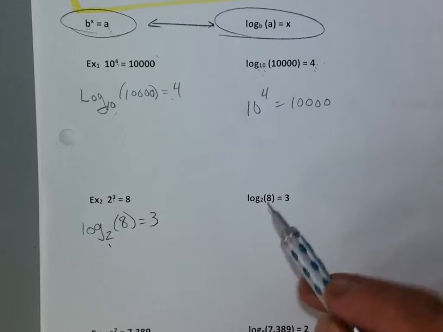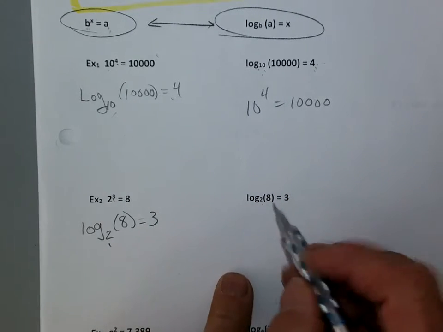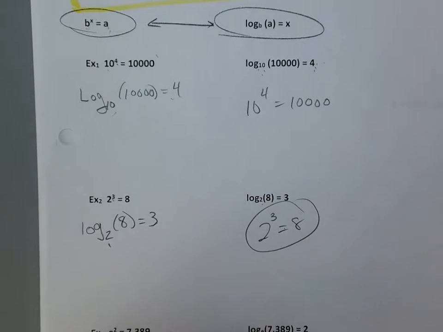Let's rewrite it: 2, that's my base, to the third power equals 8. Not too hard, is it? The real power of logarithms is going to come when we have to solve for x. That's when logarithms are going to pay off.